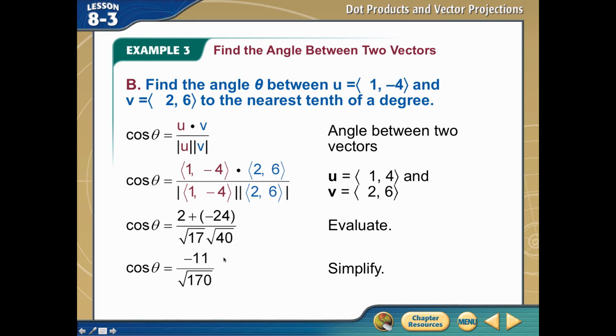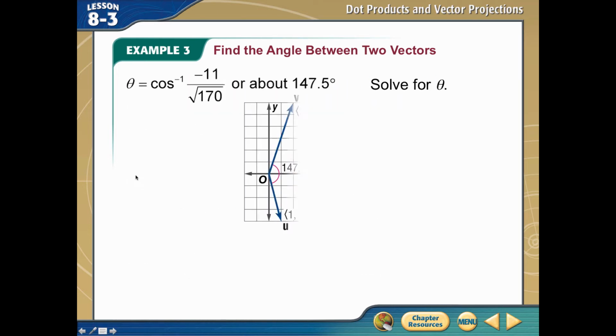So see if you can get from here to here by simplifying. And if you can't, go ahead and ask your teacher how to do that, but it is critically important that you, A, recognize it can be simplified, and B, simplify it as much as possible. And again, no need to rationalize the denominator because you're going to do an inverse cosine.